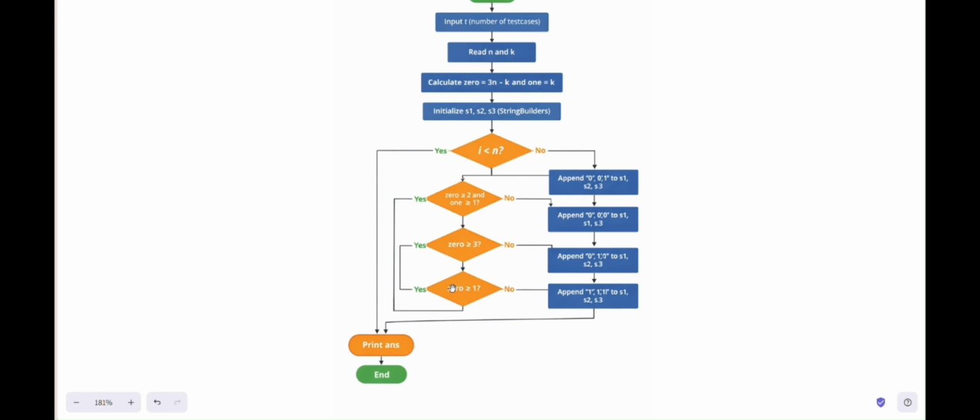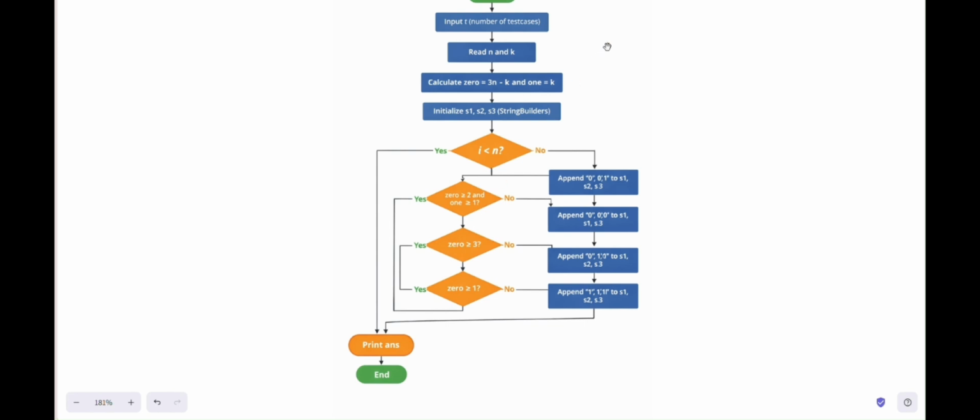If that is the case, then append 0 to s1, 1 to s2, and 1 to s3. Else, if it is not the case, we will append 111 to all the string builders, and then we will concatenate the strings s1, s2, and s3 in our answer, and print our answer. That was the flowchart of this question.